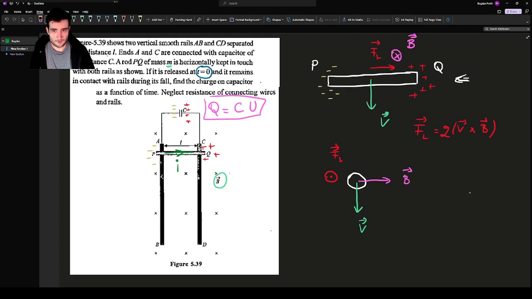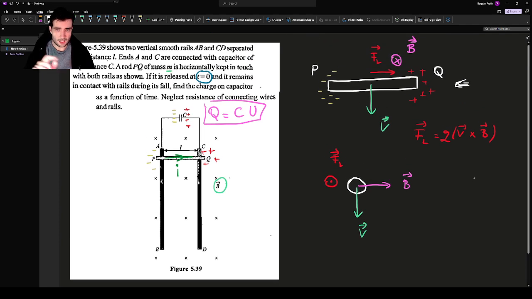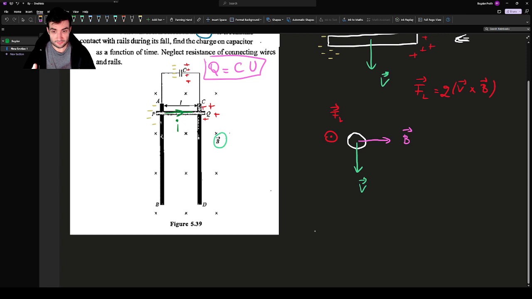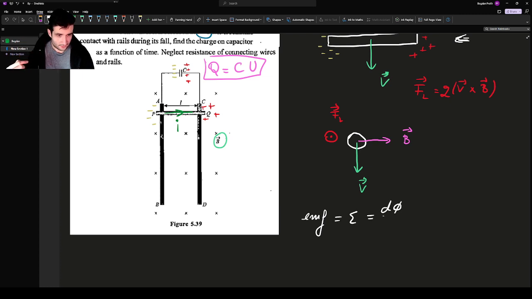So the first thing I would do is look at the induced EMF, because there is an induced EMF, and the reason for that is that the magnetic flux is changing. The magnitude is given by the change in magnetic flux with respect to time, d over dt of the magnetic flux, which is B multiplied by the area.